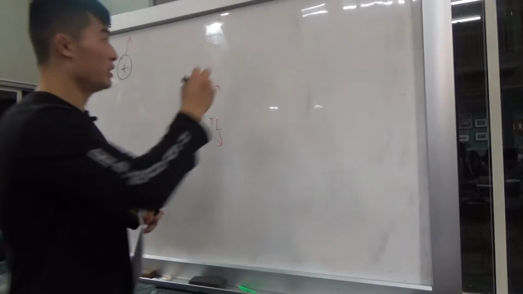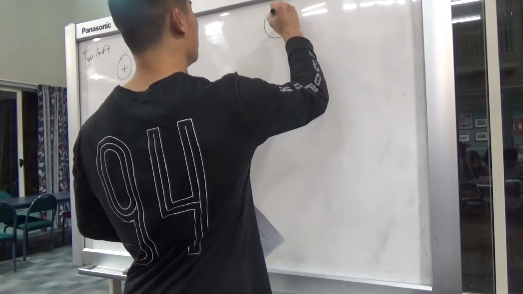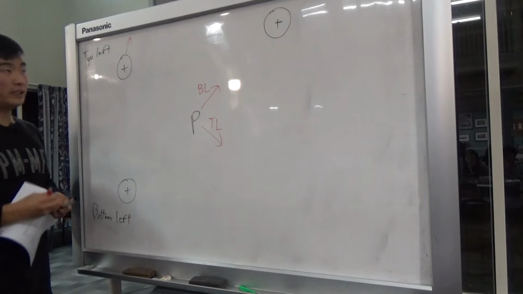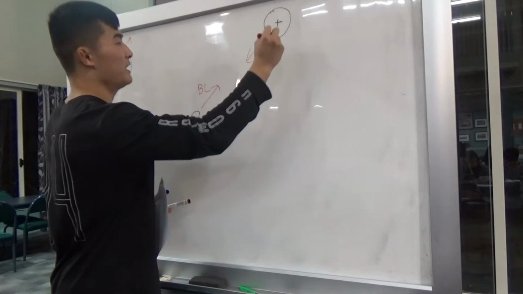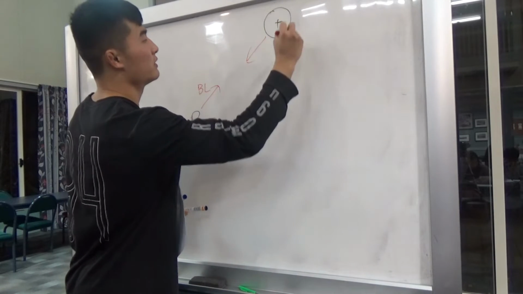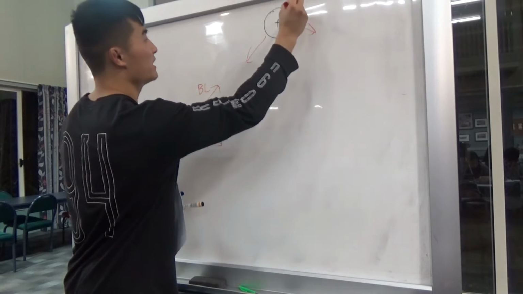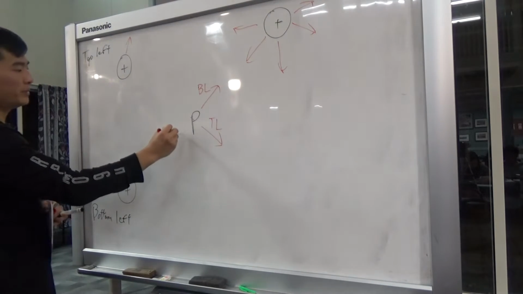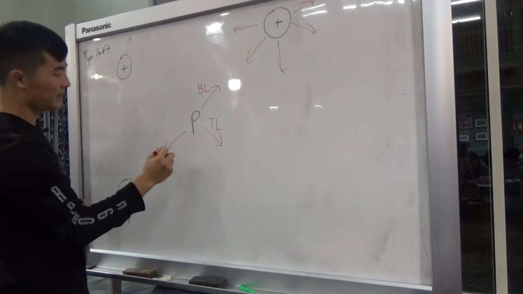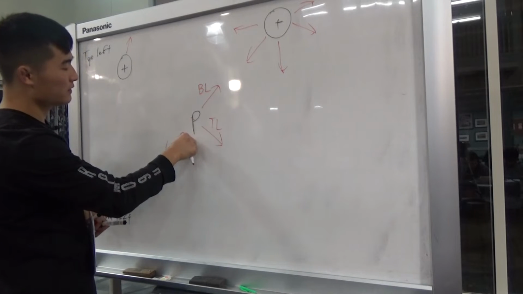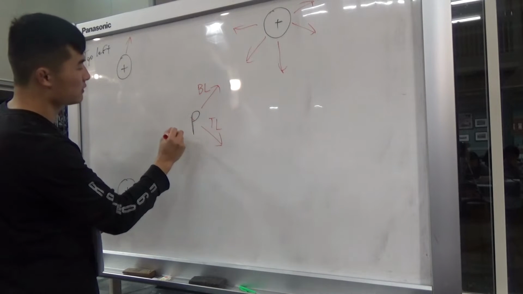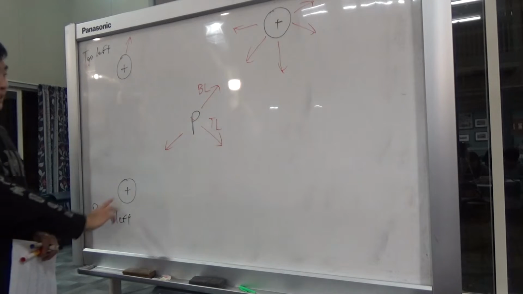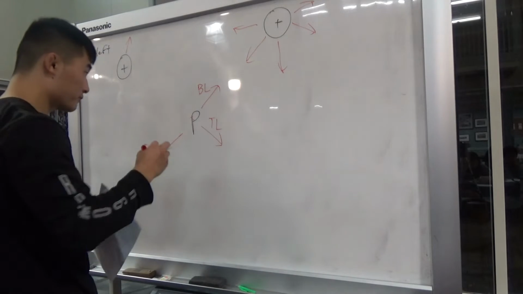And we have a positive charge on the top right. Again, there are electric field lines coming out from this positive charge, and this one here would be pointing in this direction, the opposite direction to the one coming from the bottom left.